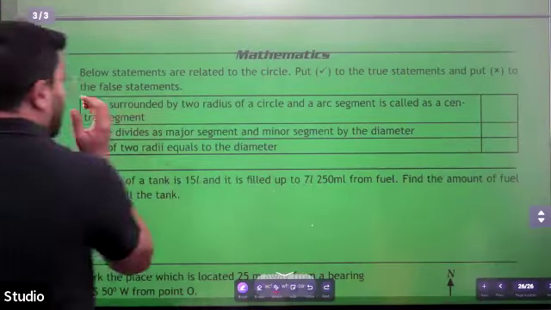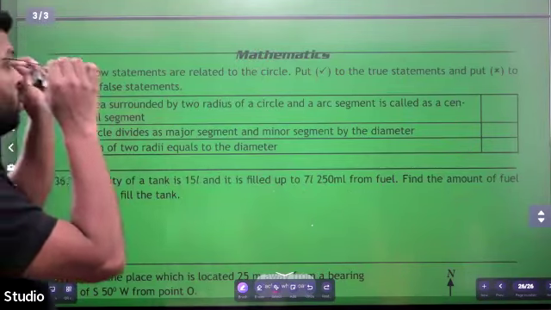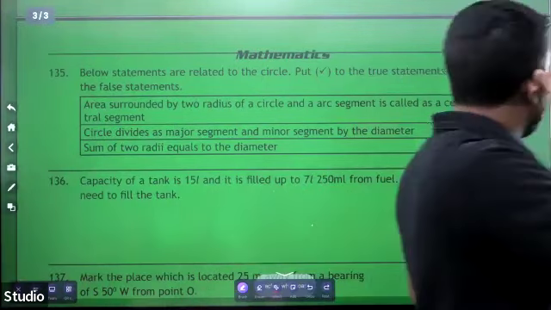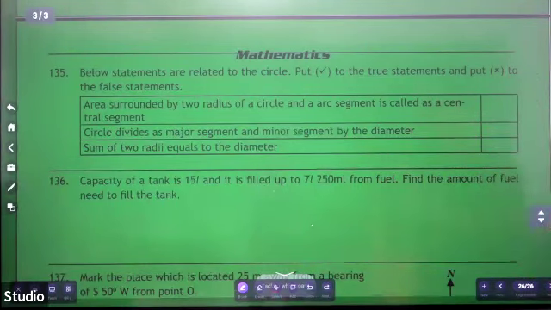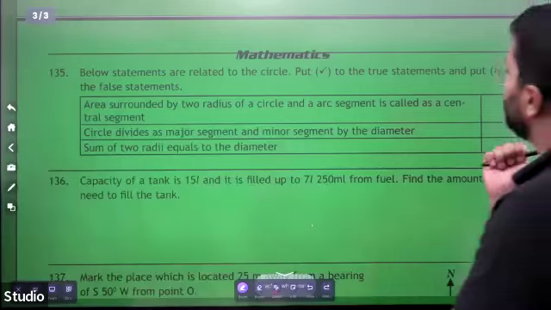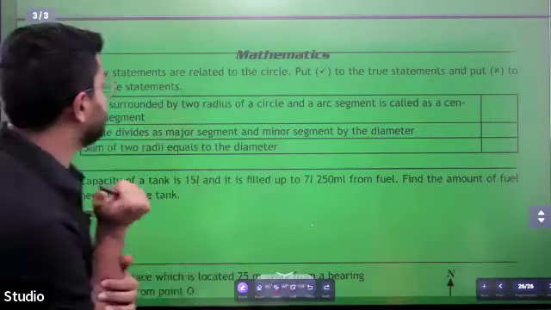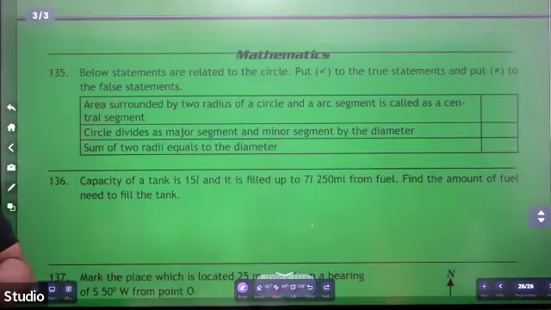The statements below are related to the circle. Put a tick to the true statements and put a cross to the false statements.